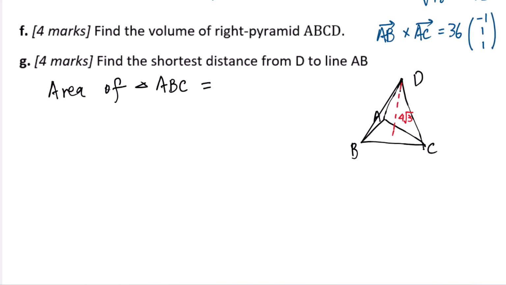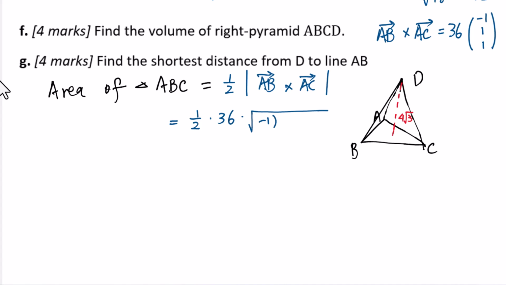Based on the concept of cross product, we know the area of triangle ABC equals 1/2 the absolute value of vector AB cross vector AC, equals 1/2 times 36 square root of (-1) squared plus 1 squared plus 1 squared, equals 18 square root of 3.